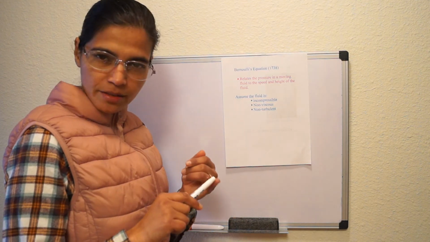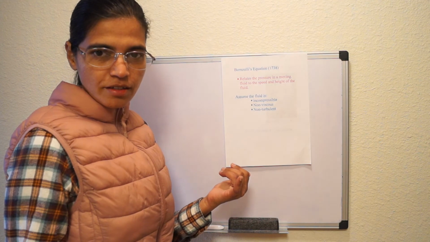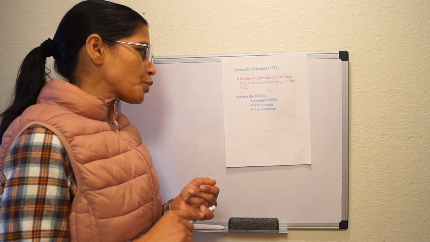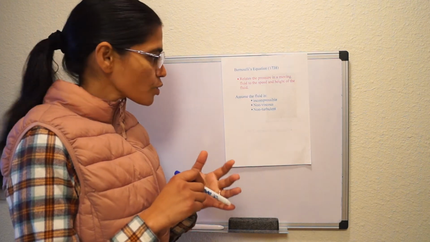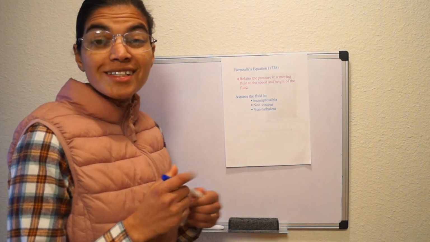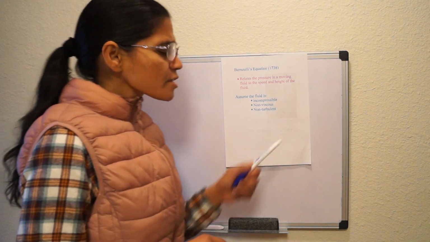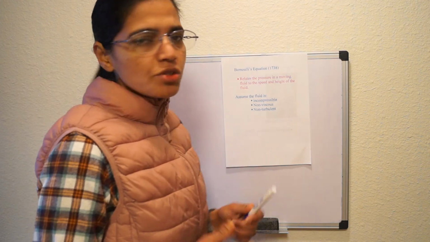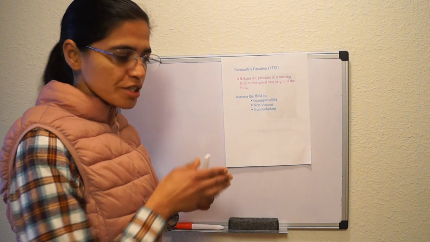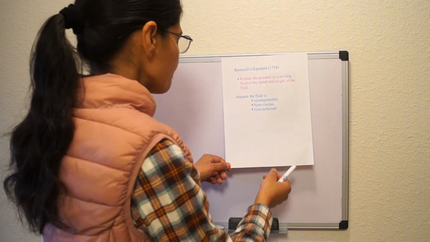Can the mass change? Can the volume change? There is no change in mass, no change in volume, basically. So incompressible means the density is constant. It's also non-viscous, so there is no internal friction, and non-turbulent, so we are assuming the fluid is not moving with turbulence, okay.